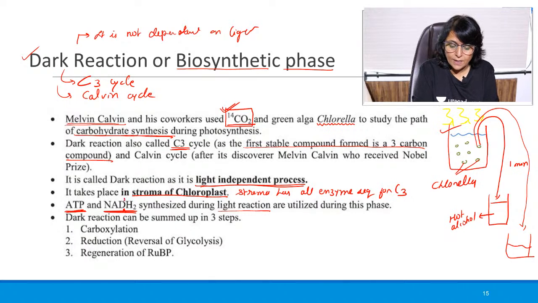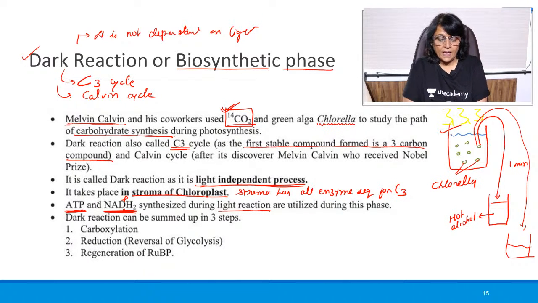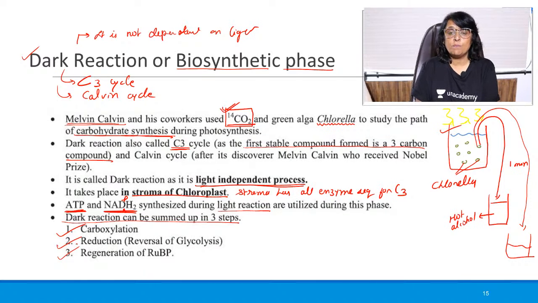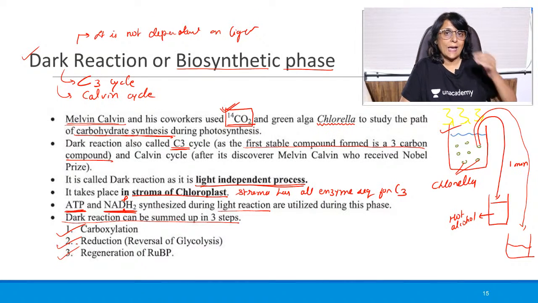Okay, it is NADPH2. Dark reaction is completed in 3 major steps. First is carboxylation, then reduction, and then regeneration of RUBP. So if this basic thing is clear, then we will come to the actual pathway.